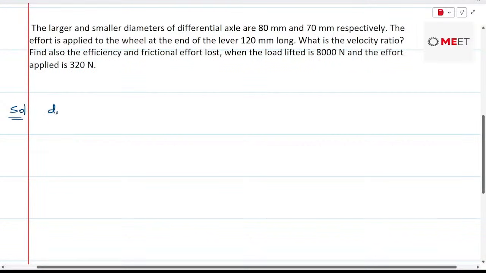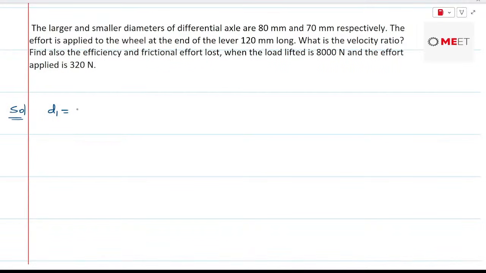The smaller diameter, that is small d1, is 80 mm, and d2 is equal to 70 mm, and the diameter of the larger wheel, that is D, is equal to 2 times the length of the lever, that is 2 into 120, which is equal to 240.